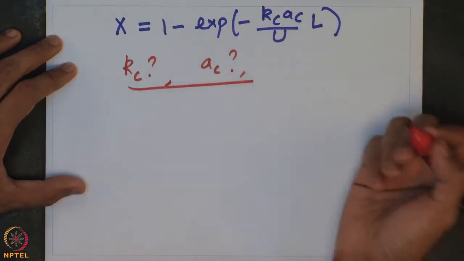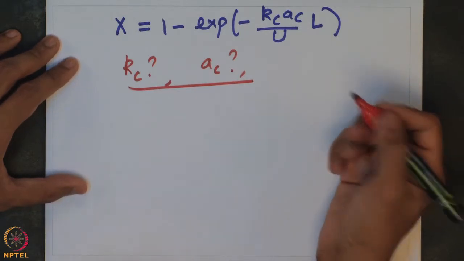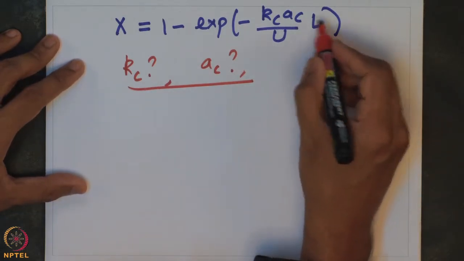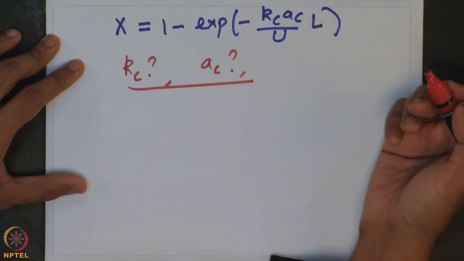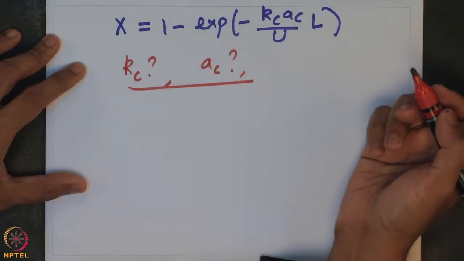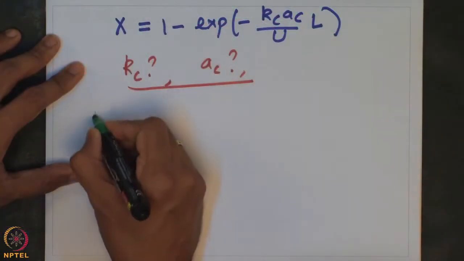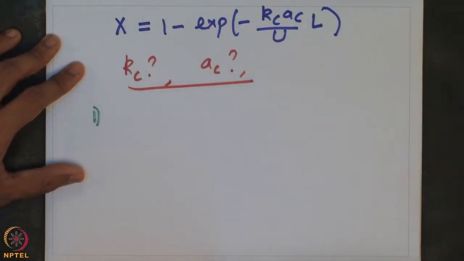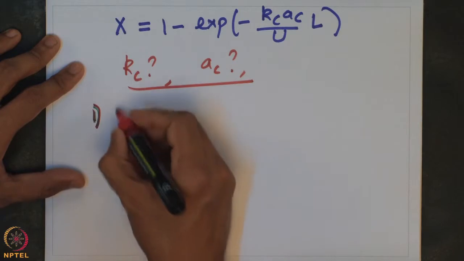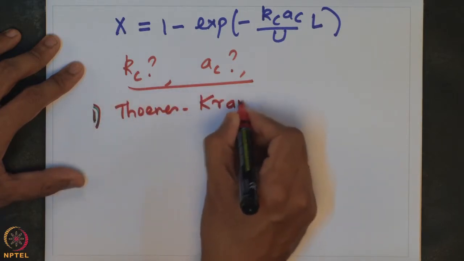So, once we find these two, we are done. We should be able to estimate the conversion at the exit of the packed bed reactor, whose length is equal to L. So, L is given, U is given, we need to find Kc and Ac. So, how do we find Kc? We can use two methods to do that. We describe two different methods by which we can estimate Kc, where the first approach for estimating Kc is by using the Thoenes-Kramers correlation.